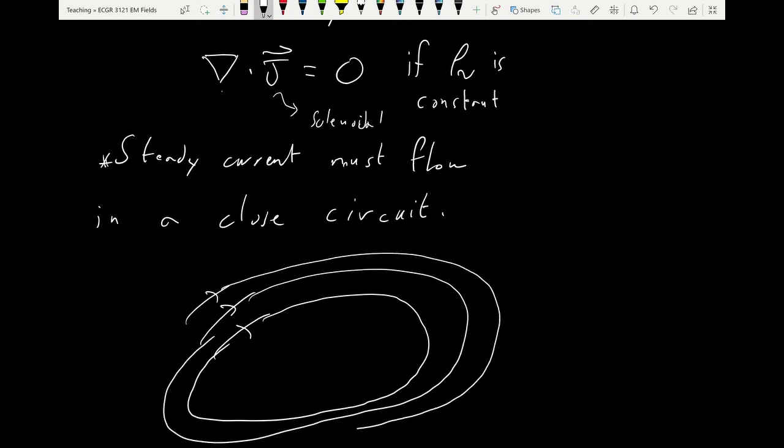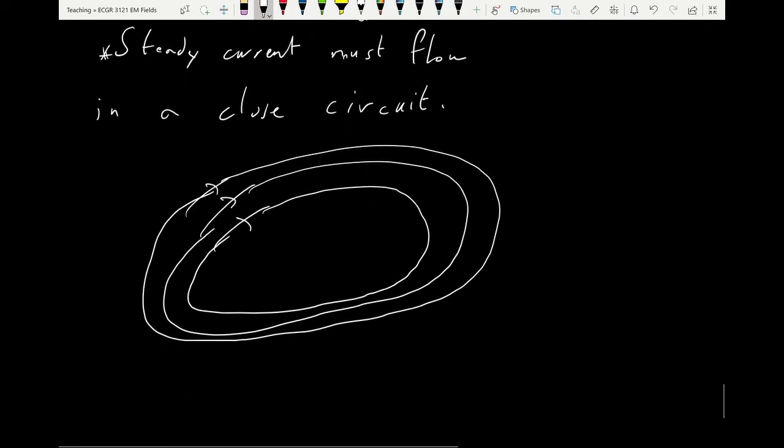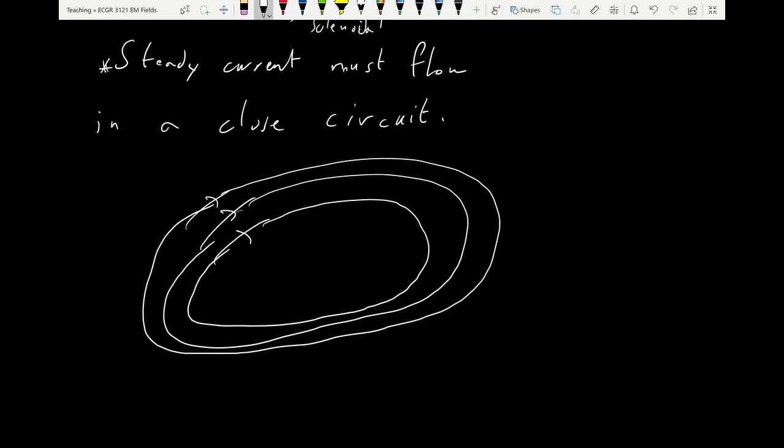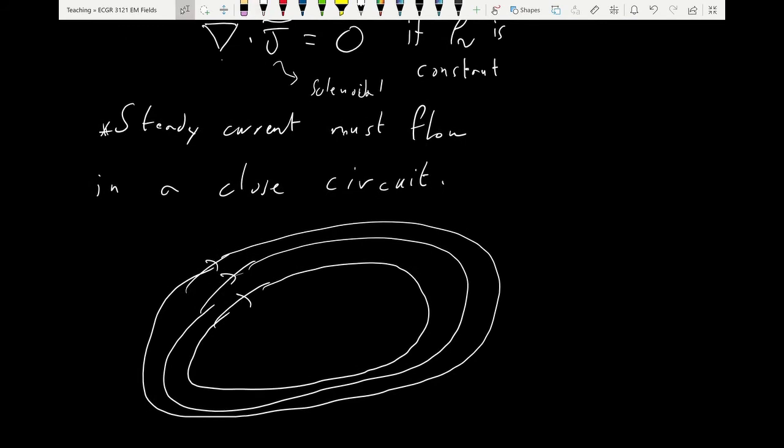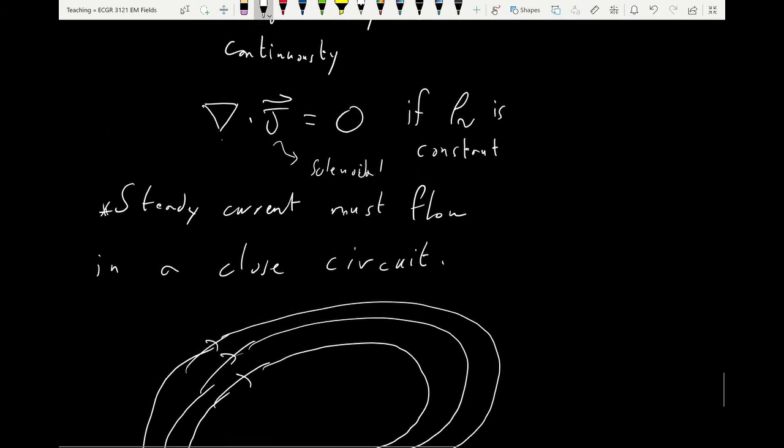So the current should always go in a circuit. Current is always going to flow in a circuit because it's going to start somewhere, flow, and then flow back to where it started, solely because if rho v is constant, J is a solenoidal field.